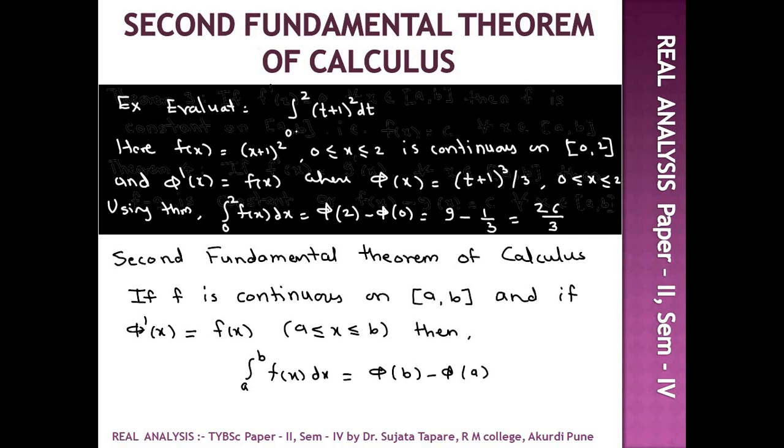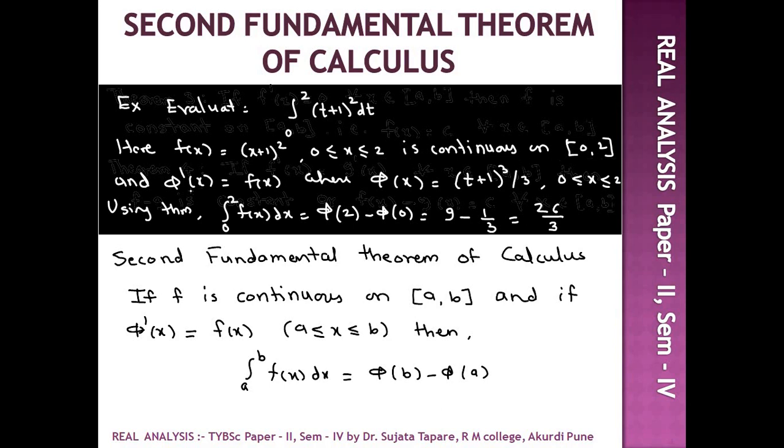So, evaluate by using the theorem integration 0 to 2 (t plus 1) whole square dt. Here f(x) is (x plus 1) whole square, which is a polynomial function defined on closed and bounded interval, hence it is continuous on closed interval [0,2].